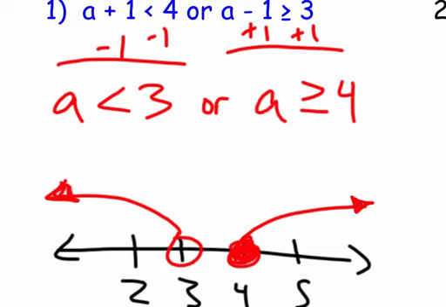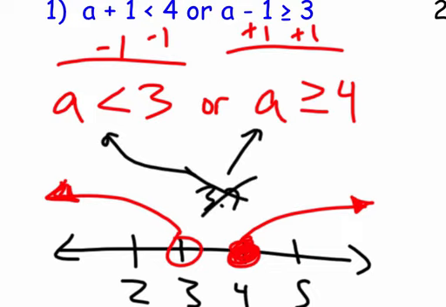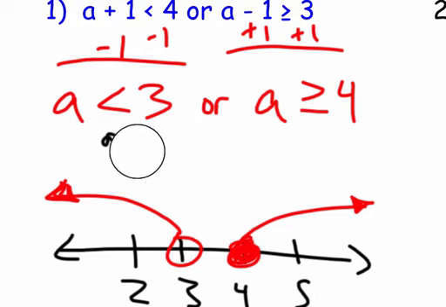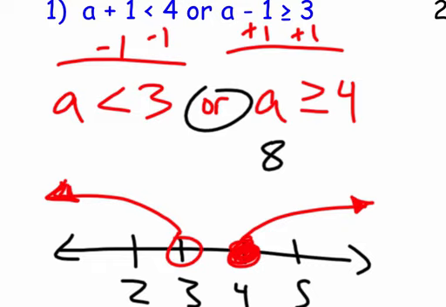So basically, any number less than 3 or any number 4 or greater. So that's almost every single number besides like 3, 3.5, 3.7. Those are the only ones that don't work. Right? If I plug 3.7 into either one of these, it does not work. Okay? But if I plugged in 8, 8 works over here, so it works for the whole thing because it is or. So I basically have kind of two arrows there.